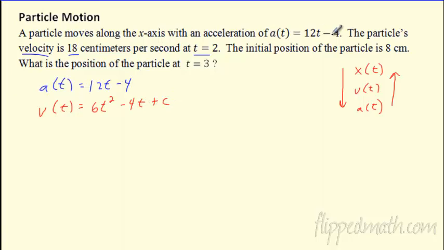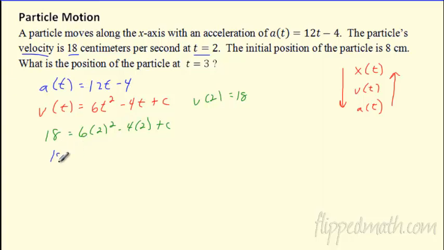Now let's find that. If the problem's telling me the velocity at 2 is 18, let's plug that in. I'm going to replace my t with 2 and solve for c here.